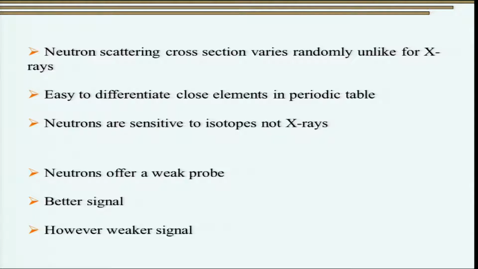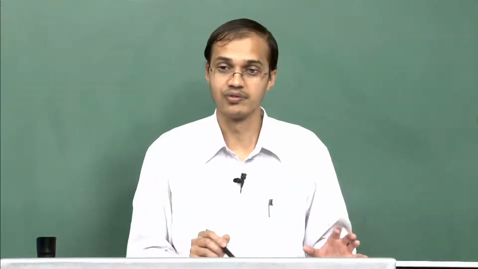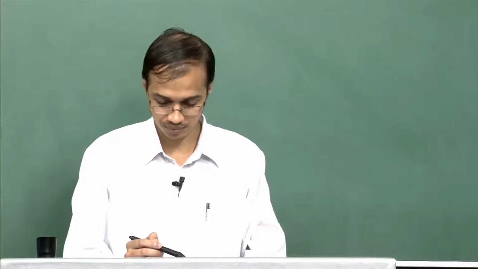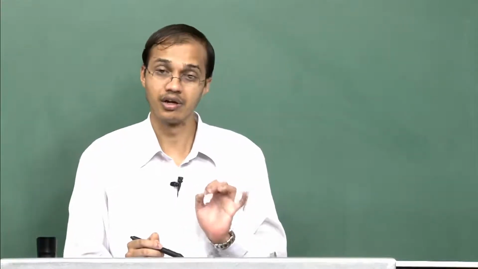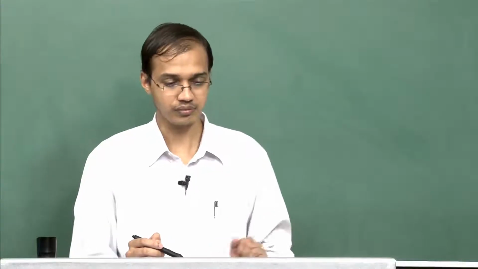As we had seen, neutrons offer a very weak probe, and therefore it gives us a better signal. Though the signal is very weak and it takes some time to collect and amplify the signal, the weak probe actually ensures that no damage is caused to the material under investigation. More importantly, no damage is caused to the structure of the material under consideration.